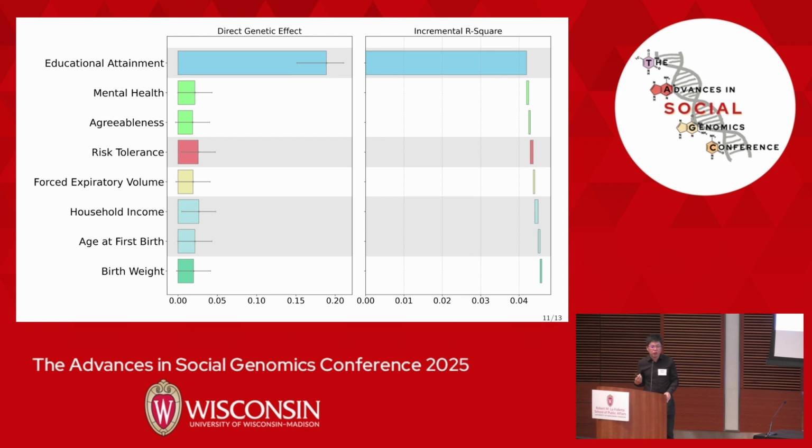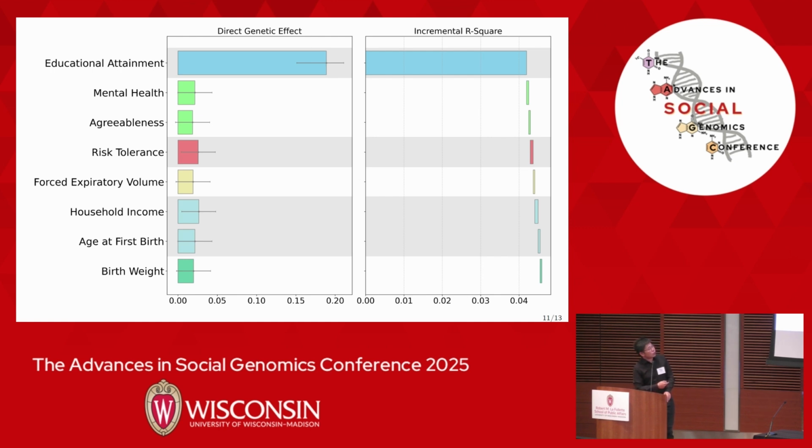Okay, so the left-hand side shows those other polygenic scores and their marginal contribution to earnings in terms of marginal effect. And the right-hand side shows their contribution in terms of incremental R squared. Interestingly, although we have this relatively large set of candidates, educational attainment plays a very major role in explaining lifetime earnings.